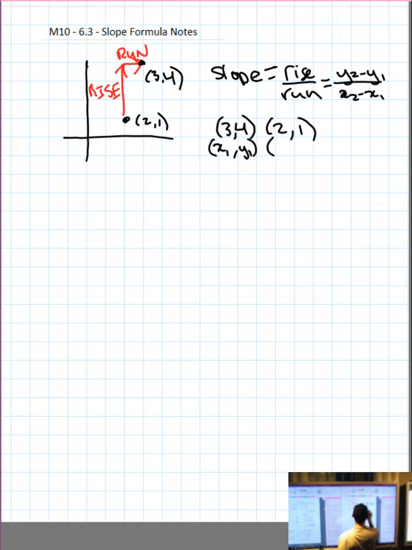And I'm going to label the second point x2, y2. Now, you could have just done this near the graph. So near the point (2, 1), you could have just said x2, comma, y2. And near the point (3, 4), x1, comma, y1. Or you can do it off to the right, whichever. But be very careful with this.